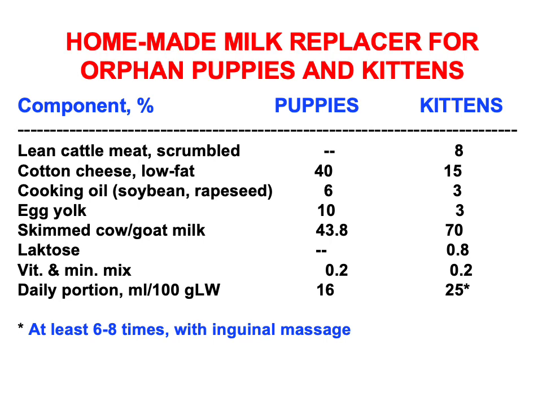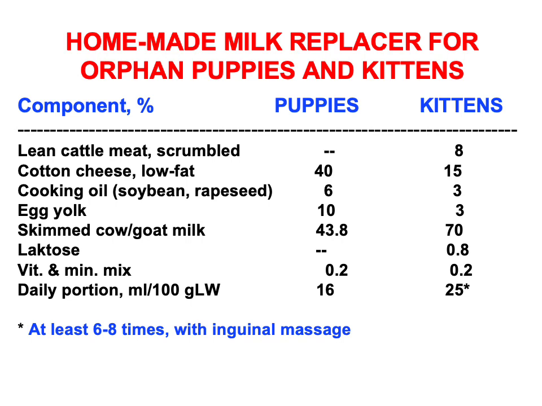The daily portion from this mixture is 16 milliliter per 100 gram live weight of puppies, and 25 milliliter per 100 gram live weight for kittens.